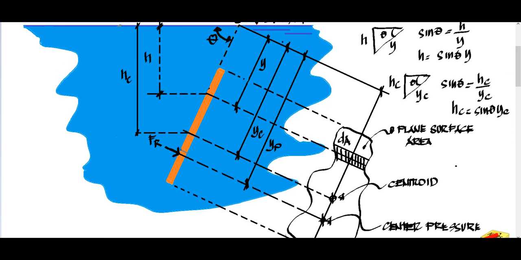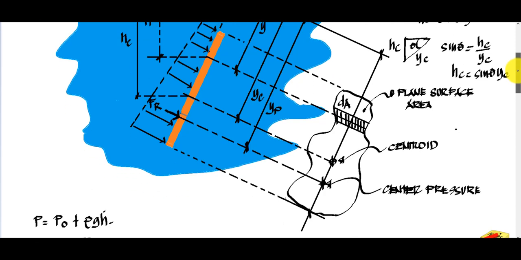Now I'm drawing here a line, so this is the pressure usually. We have a varying pressure acting on the surface of the plate. So that is the pressure acting on the surface of our plate, and it is acting on the differential area also.